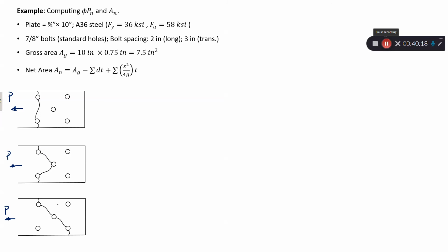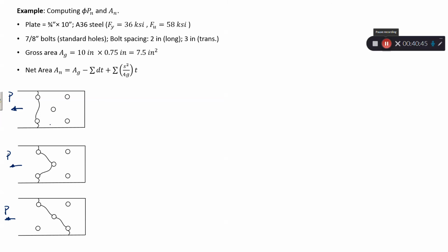In addition, let's look at this pattern to see if it will be controlling. By inspection, it's very hard to tell which one will be controlling, so we're going to calculate AN for each case, compare, and select the smallest AN. The one that gives the smallest AN will be controlling.